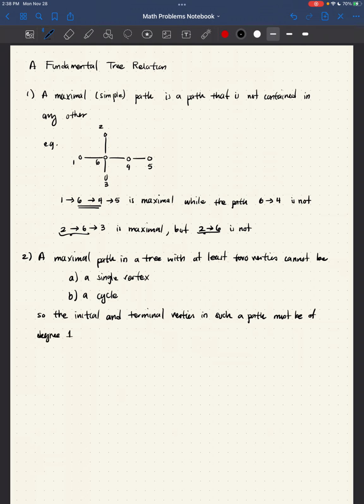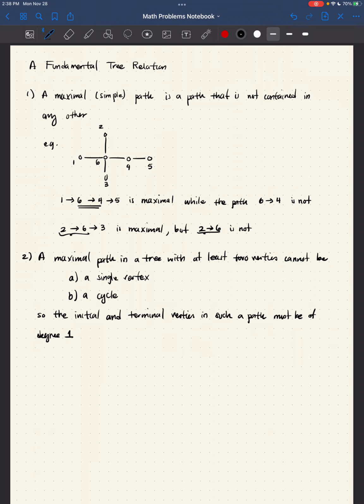Why? Because the first observation excludes the possibility that the degree is 0, and the second observation excludes the possibility that the degree is 2. So this is really the only thing that can happen.